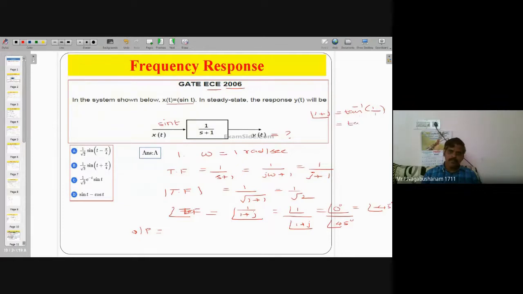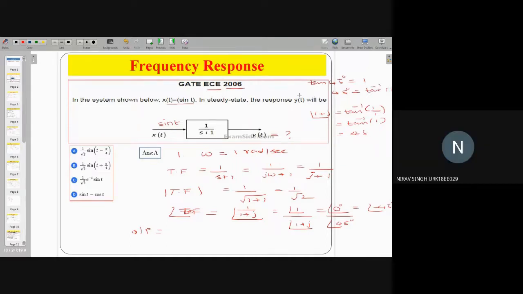For what angle theta is tan theta equal to 1? Tan 45 degree is equal to 1. Send this tan to the right side: 45 degree is equal to tan inverse 1. Like that. Yes, sir. Understood, sir.